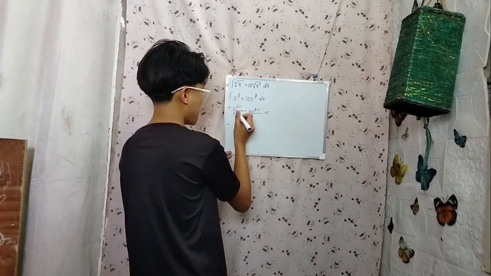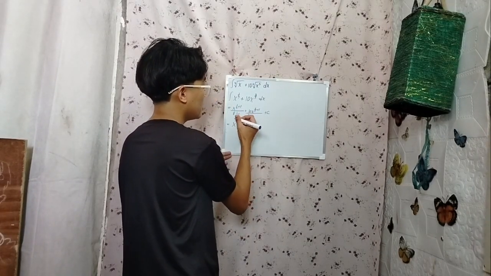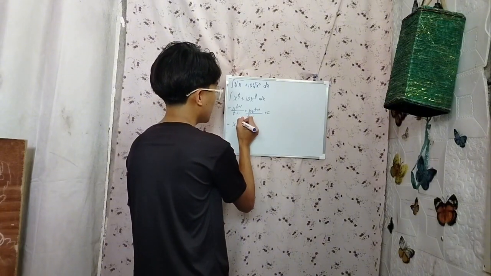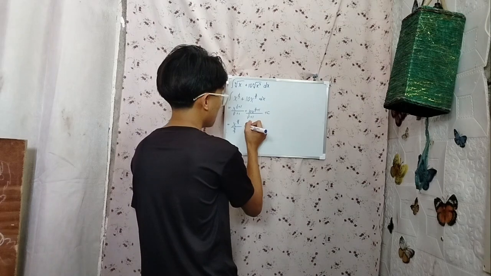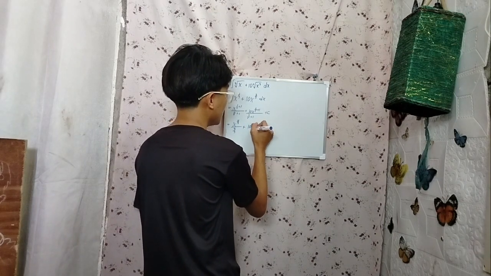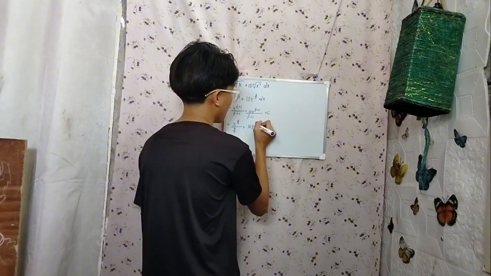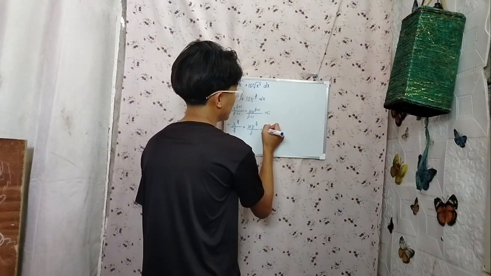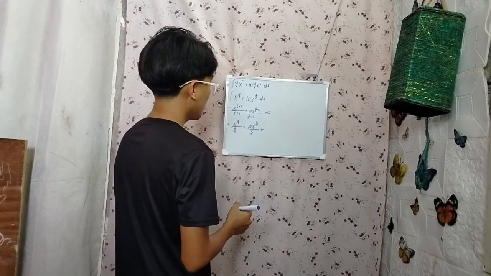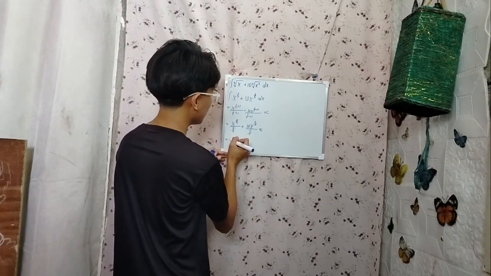Then x raised to 1/3 plus 1 equals 4/3, over 4/3, plus 10x raised to 3/5 plus 1 equals 8/5, over 8/5, then plus c. And simplify.